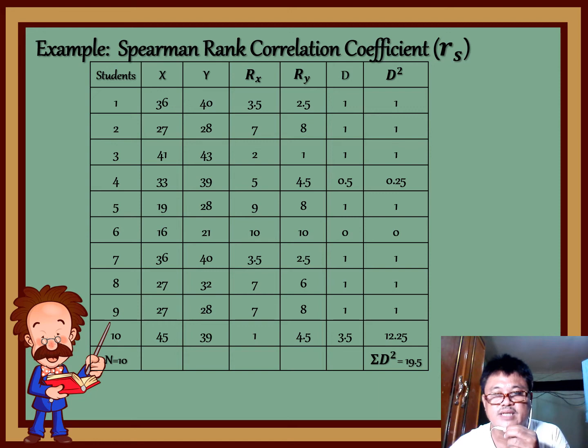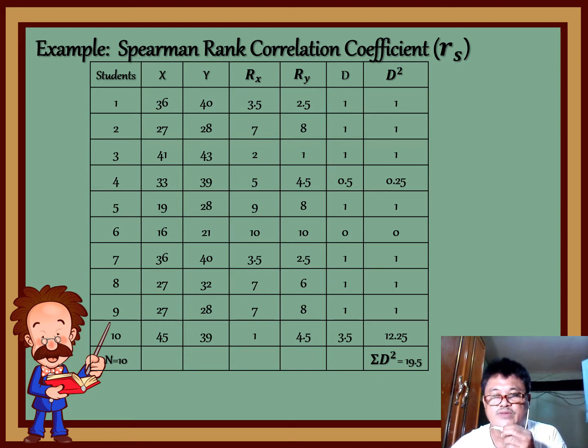What is important is that you get the difference out of R sub X and R sub Y. After getting the differences, the last column is D squared. D squared means you're going to square the result under the column. Say, for example, 1 squared, so 1 times 1 is 1. So all of them is 1.